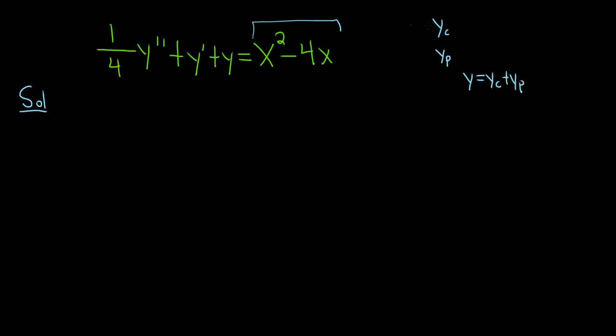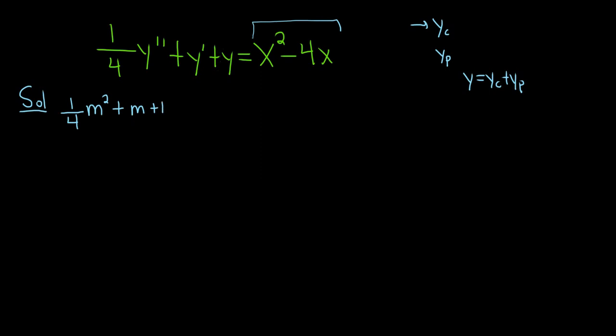Alright, so to solve for y sub c, we first pretend that the right-hand side is equal to 0 and we solve the DE. So we start by finding what's called the characteristic equation. So we have 1/4, then because there's a second derivative here, we write down m squared, plus, there's the first derivative, so that's just m. Then it's y, so it's the 0th derivative, so it's really just m to the 0, so it's just 1.